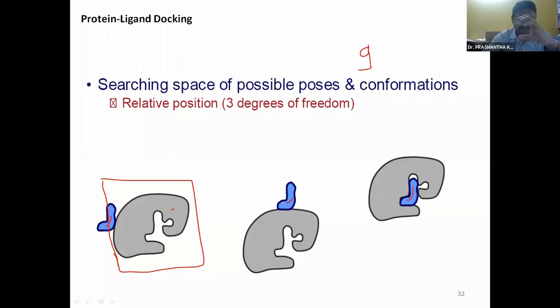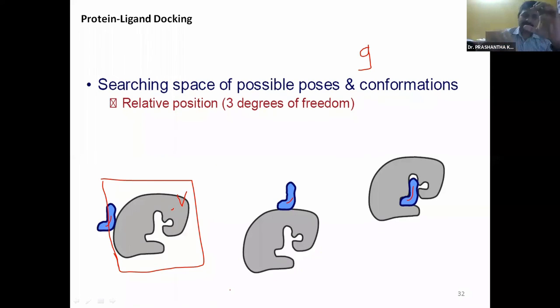One time it will interact here, come out, change the conformation, go and interact with the other region. Third, fourth, fifth, sixth, seventh, eighth, ninth. So 9 conformations are there.